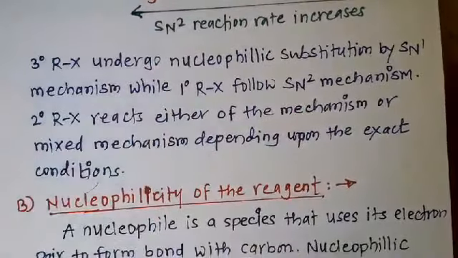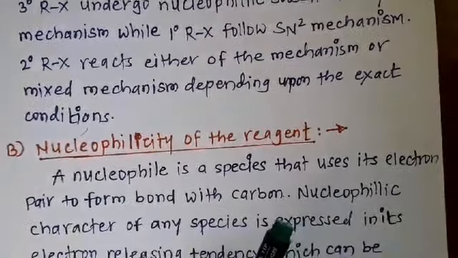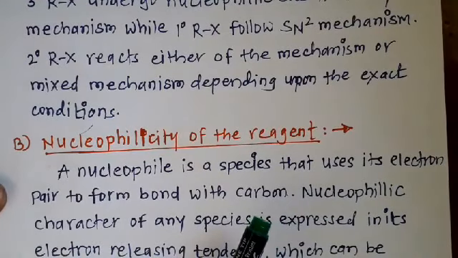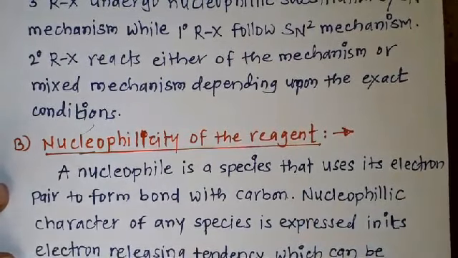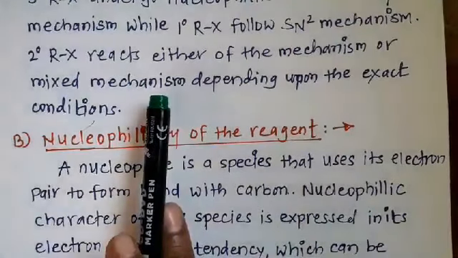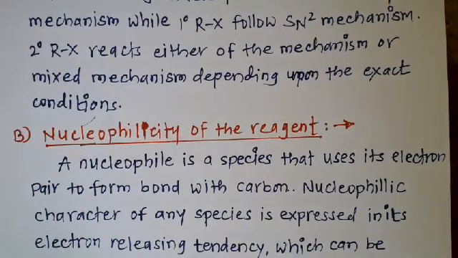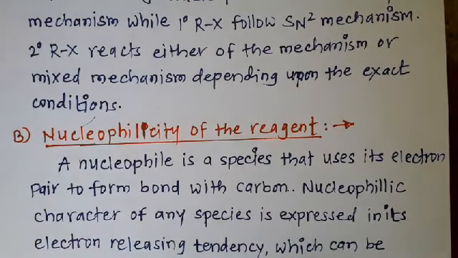Tertiary alkyl halides generally undergo the SN1 reaction mechanism, while primary alkyl halides follow the SN2 reaction mechanism. But secondary alkyl halides may react by SN1 or SN2 or a mixed type of mechanism, depending upon the exact conditions during the reaction.